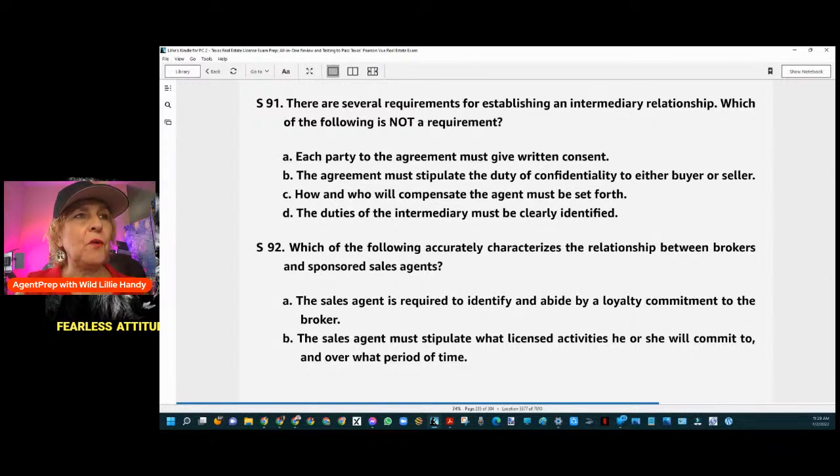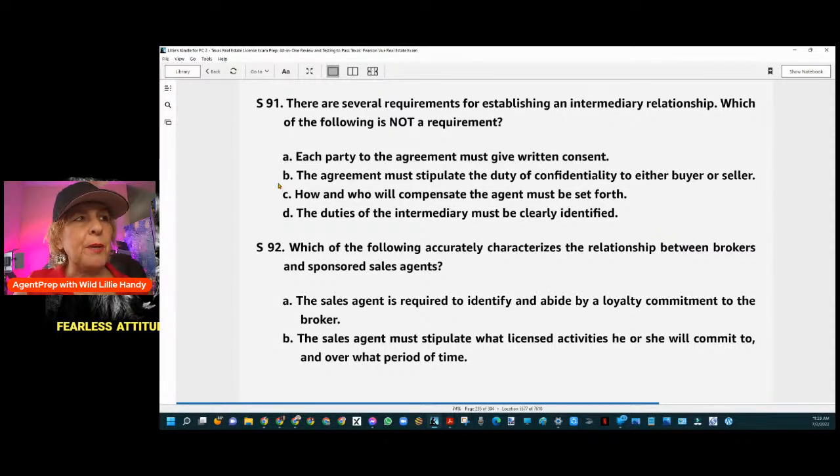Be very careful what that agreement specifies. So we must give written consent, right? And how will they compensate? That's on the listing agreement. And the duties of the intermediary when we're representing both sides. So both sides have to agree to the intermediary.